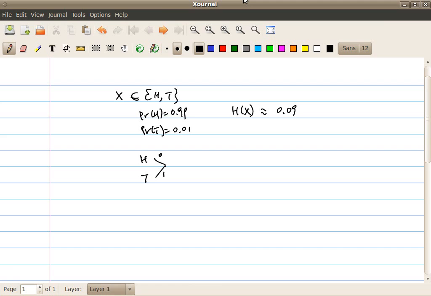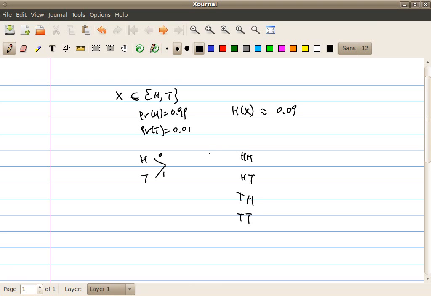Of course, one thing we can do is just combine several symbols into a block. For example, instead of coding one sample at a time, let's say we code two samples at a time. So I just make up a super symbol, like let's say HH, HT, TH, and TT, and I know the probability of these super symbols.